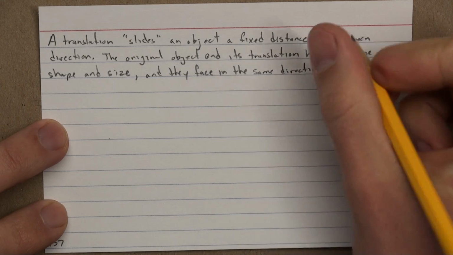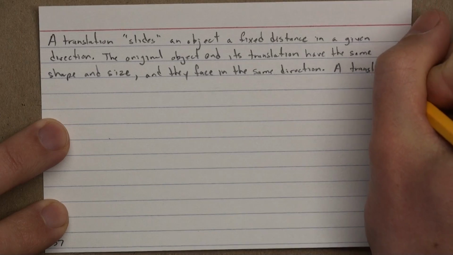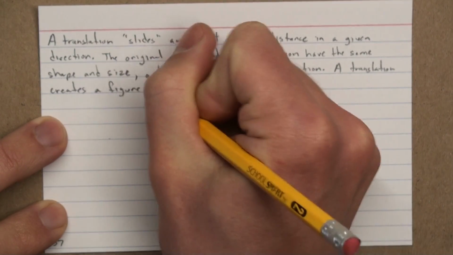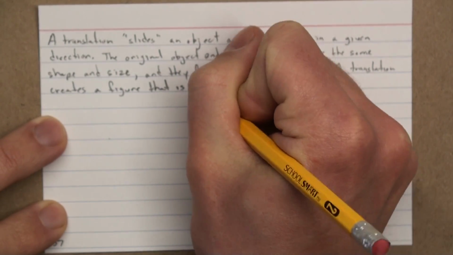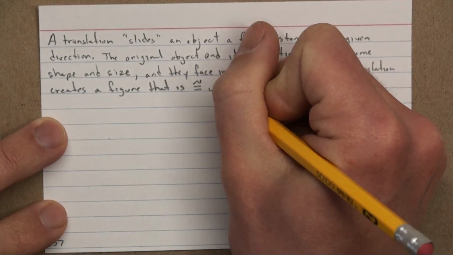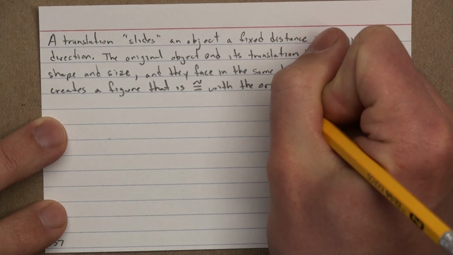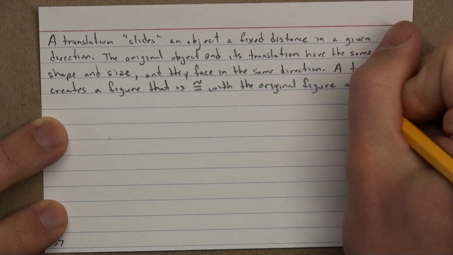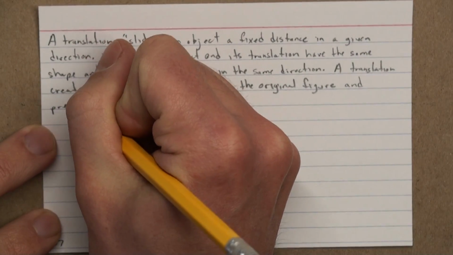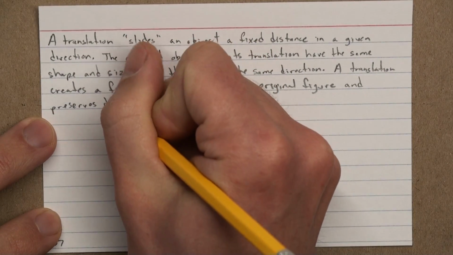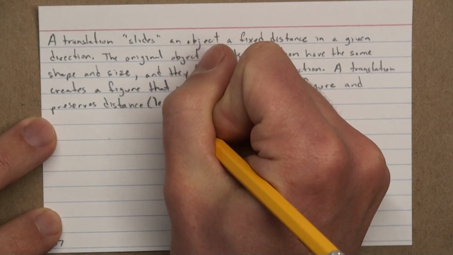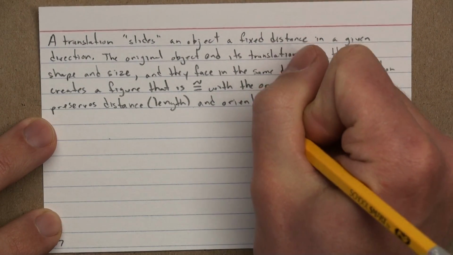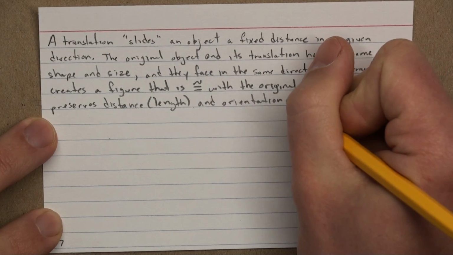A translation creates a figure that is congruent with the original figure and preserves distance or length and orientation, which is lettering order.